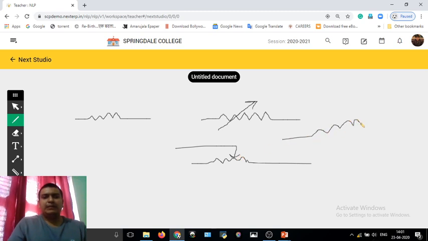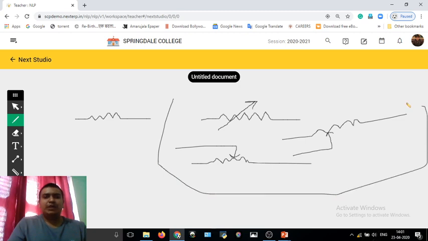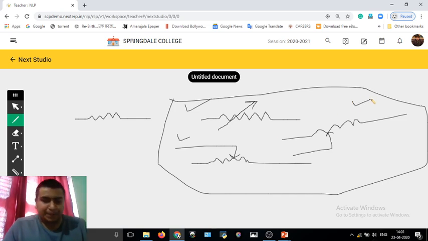Similarly, this symbol also represents the rheostat. No matter which symbol you are using, all these symbols represent the same electrical appliance, the rheostat. I'll show you the rheostat in a good manner when the school is open and we become familiar with the real lab experiments. Then we will study how a rheostat works.